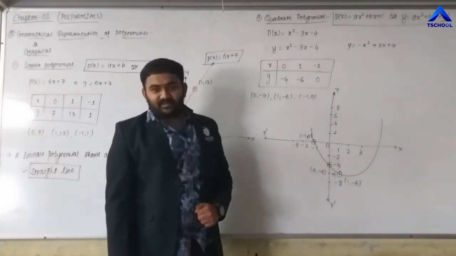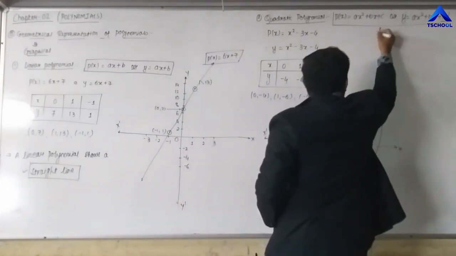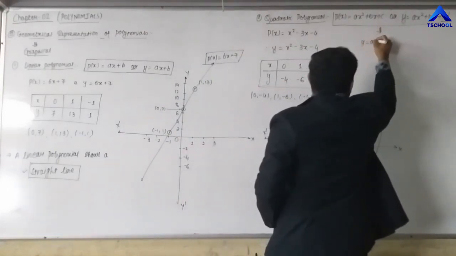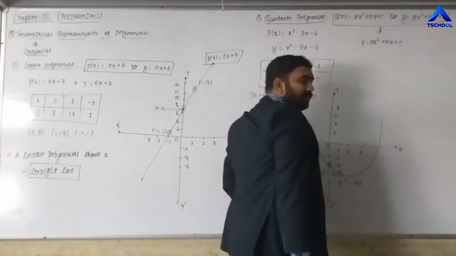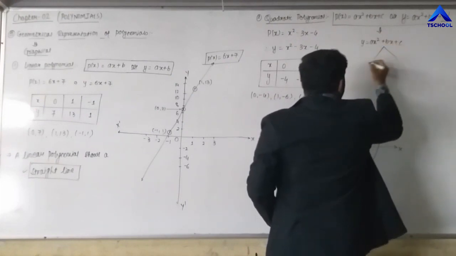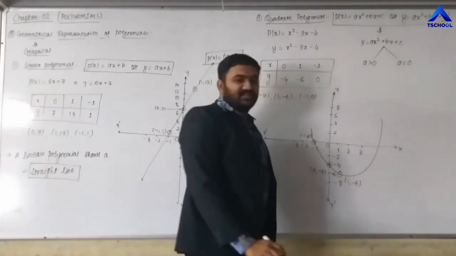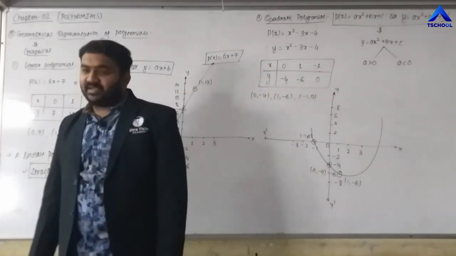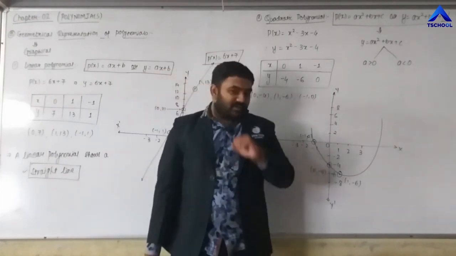So the conclusion here is that the general equation y equals ax square plus bx plus c gives you two cases: a is greater than 0 and a is less than 0. What does a mean? A means the coefficient of x square there, right?